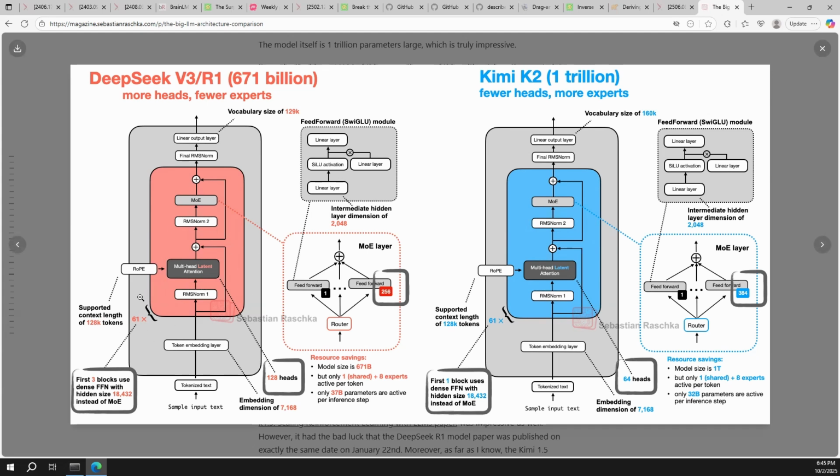So this really was the blueprint they started with, and they made a few tweaks. The big tweaks are more experts, fewer heads, and Muon for training.